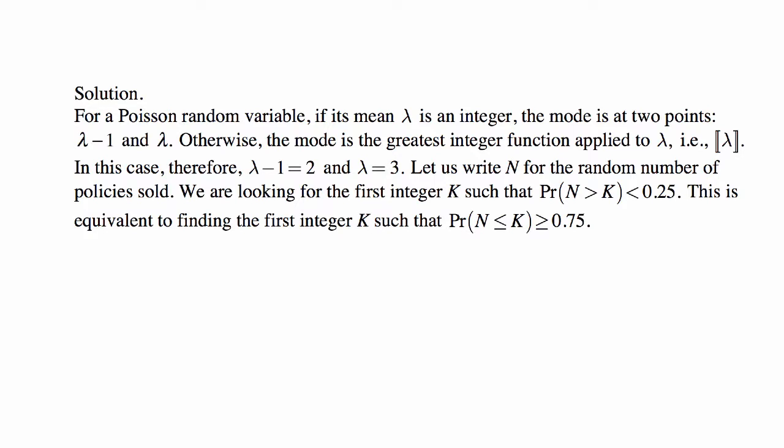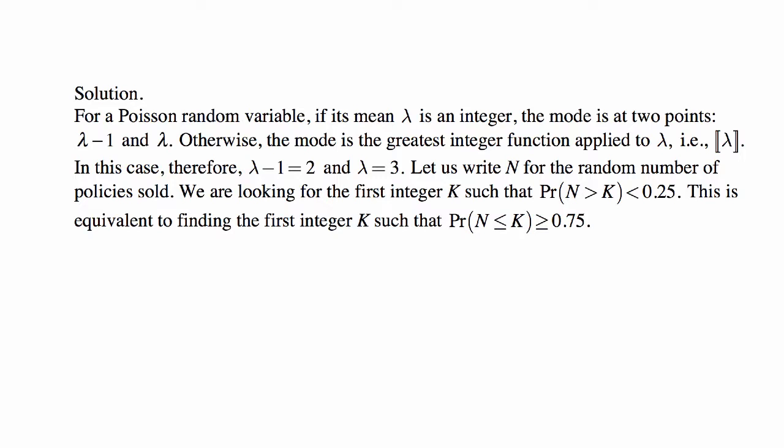So what you need to know for this problem, the most important message of this problem, is that you need to memorize the mode of the Poisson random variable. If the parameter lambda is the mean of that distribution, then the mode is at 2 points if lambda is an integer: lambda minus 1 and lambda.